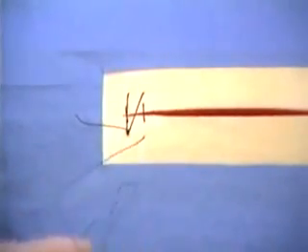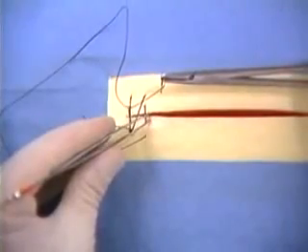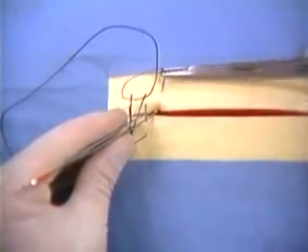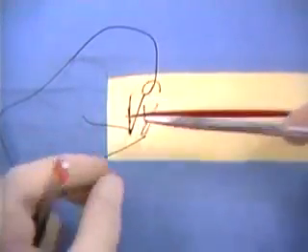The needle is then passed across the incision to the opposite side and is introduced through the serosa and muscularis adjacent to the incision.